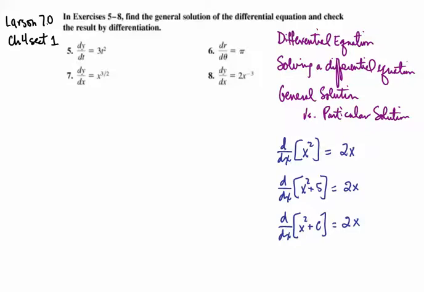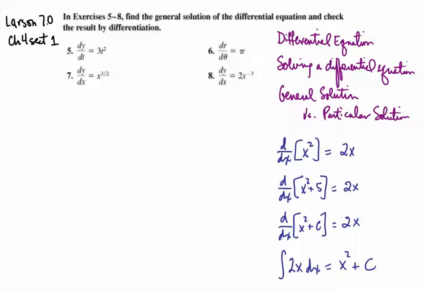So when we finish up, and I'll just use the integration notation to mean find the antiderivative of 2x, we know that that is x squared plus some constant c. And we would say that that is the general solution to the differential equation dy/dx equals 2x.